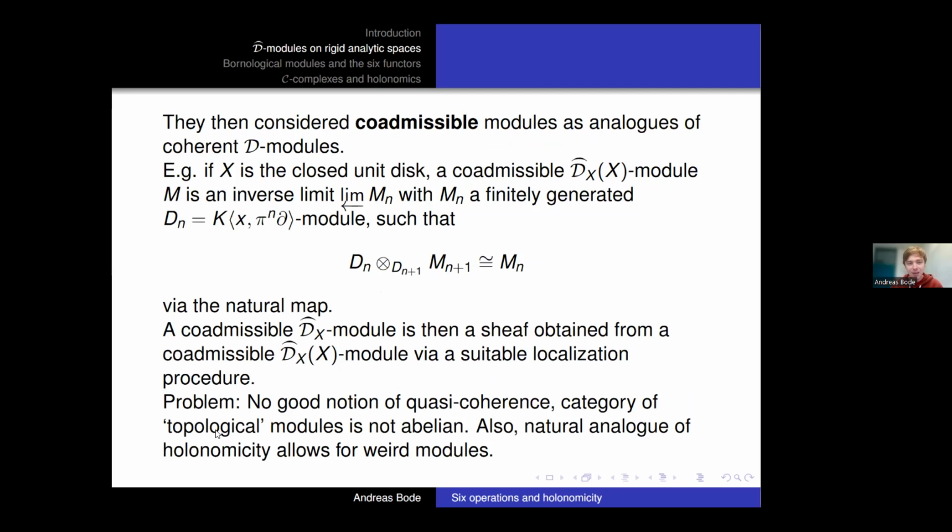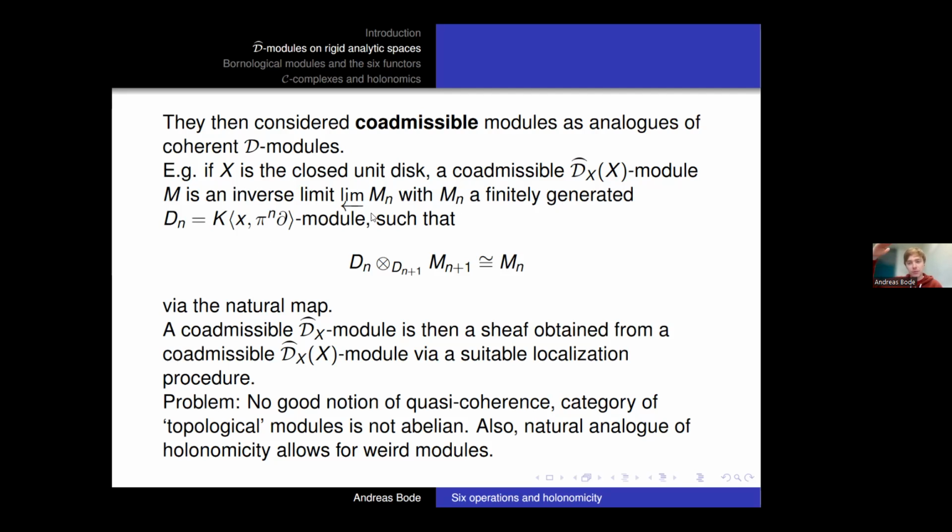So they are called co-admissible modules over this sheaf D-cap. And what should co-admissible, or if you like, coherent D-cap modules be? Well, they are coherent on this big non-compact thing. So on each level, on each finite radius of convergence, I give you some finitely generated D_n module, and then I take the limit.